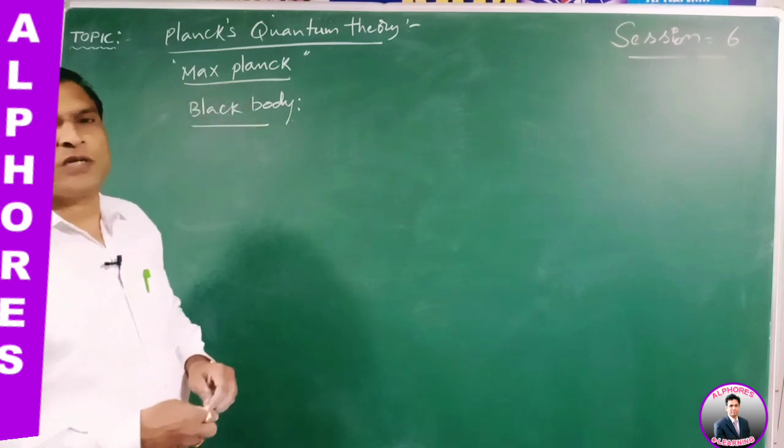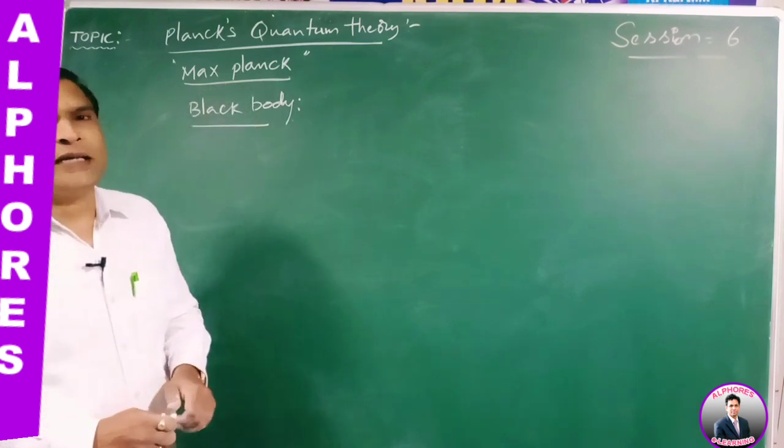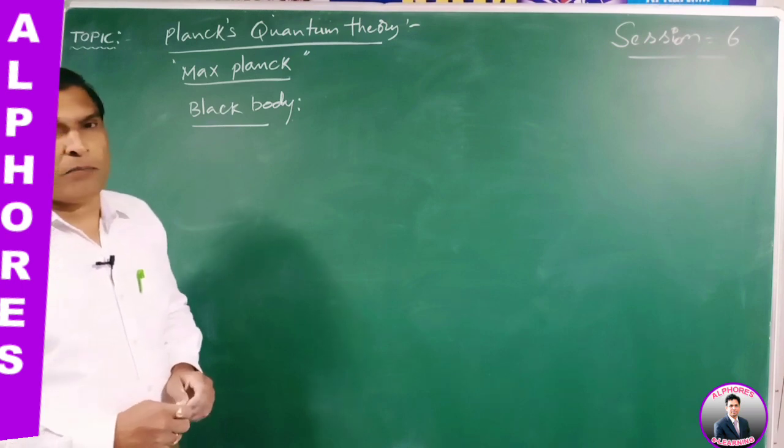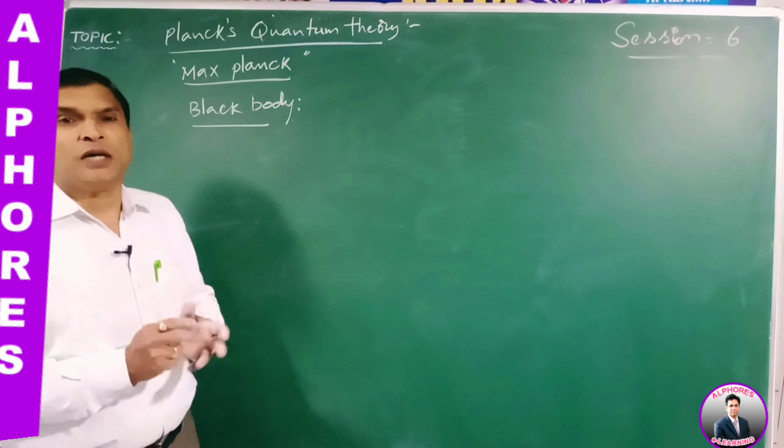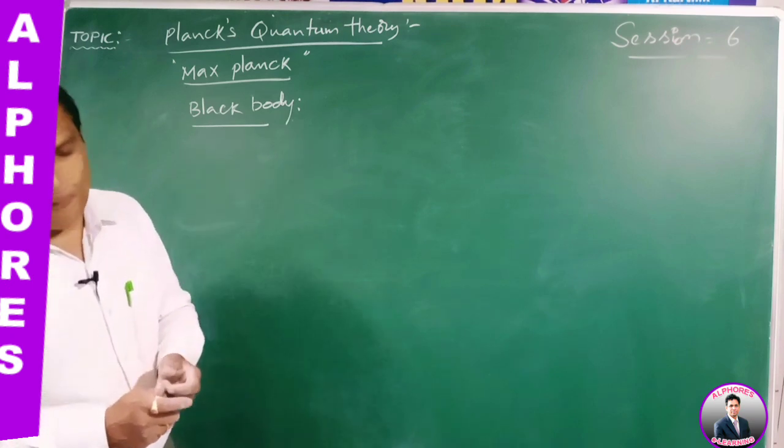In the universe, there is no naturally existing black body so far, but we can construct or imagine an artificial black body.